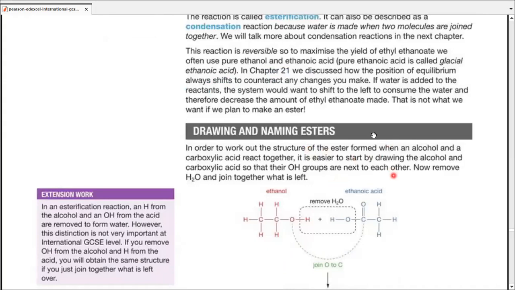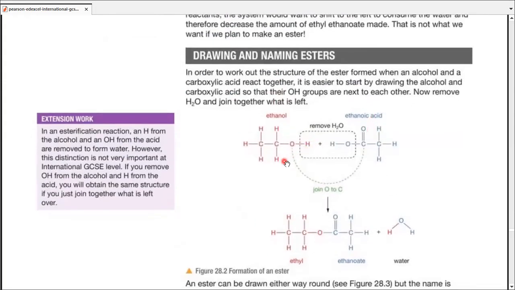So let's come to the part which is common for exams, drawing and naming esters. Now, in order to work out the structure of the ester formed by an alcohol and a carboxylic acid, it is easy if you draw the alcohol first and the carboxylic acid after. What you need to do is to write the alcohol, but invert the carboxylic acid sideways.